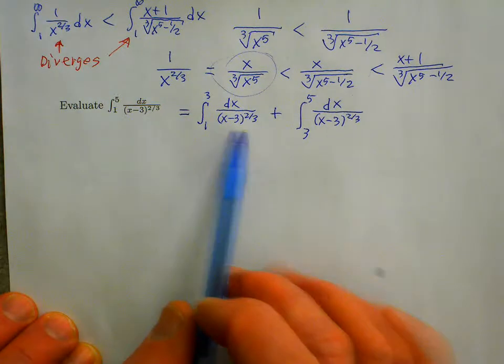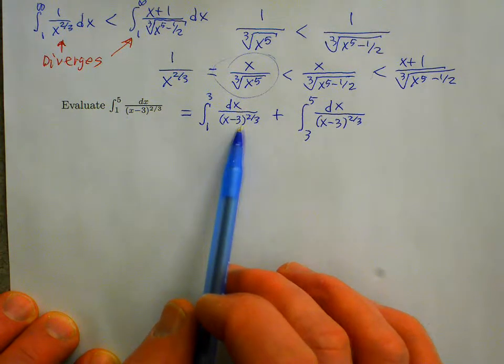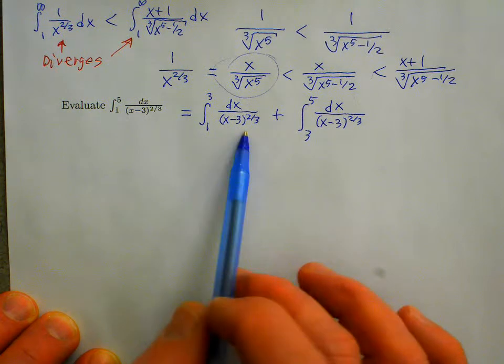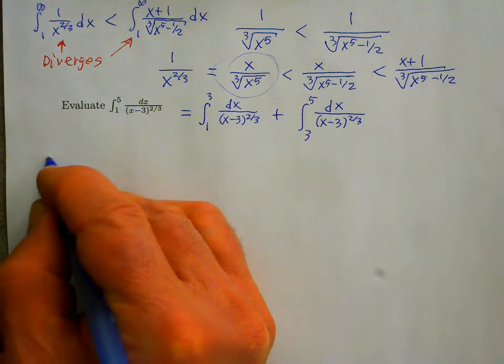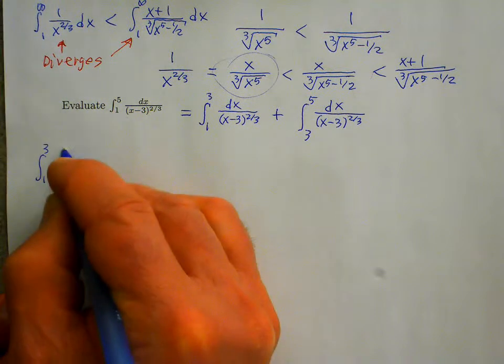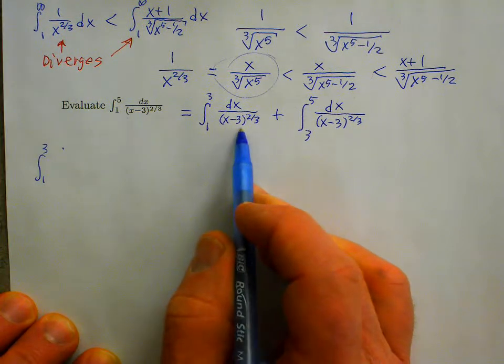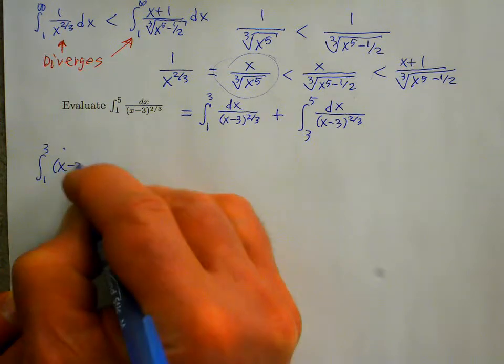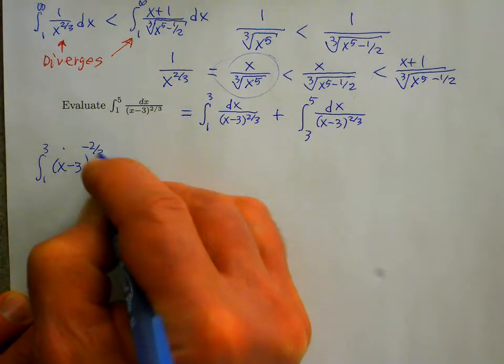Okay, so we use limits again. Let's just do it one at a time. This improper integral on the left from 1 to 3, I'm going to start writing it as x minus 3 to the negative 2/3.